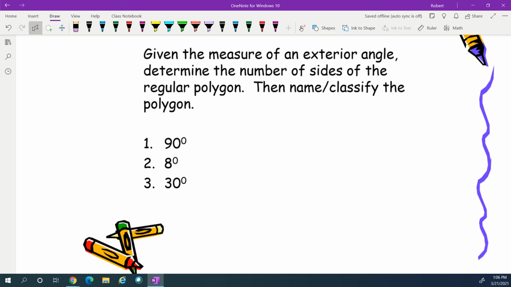Given the measure of an exterior, find the number of sides of that regular polygon. So again, this is an exterior angle. The sum of the exterior angles is always 360 degrees.